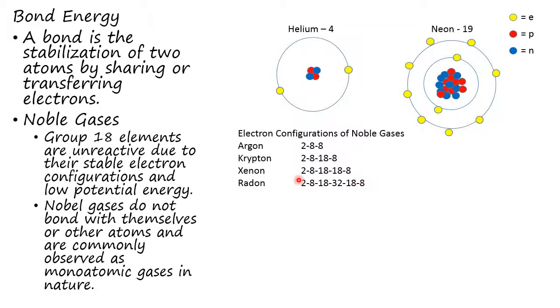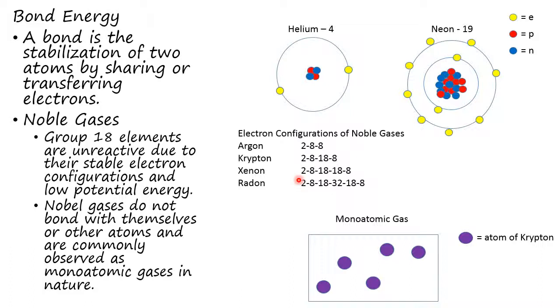Noble gases do not bond with themselves or any other atoms and are commonly observed as monatomic gases in nature, which means they are completely on their own, unbonded. This is due to the fact that their valence electron energy level is completely filled, so they do not require any more electrons to fill their outer energy levels.